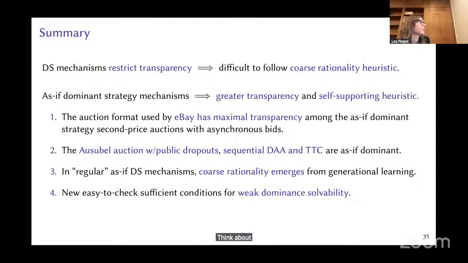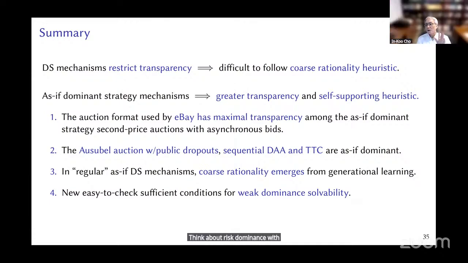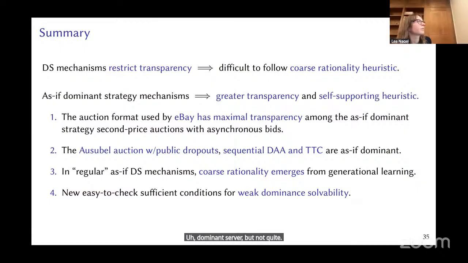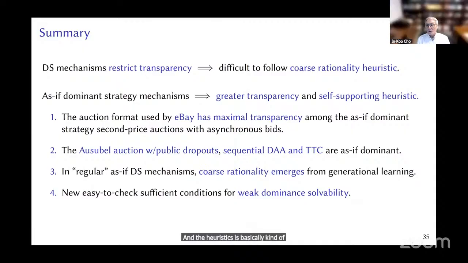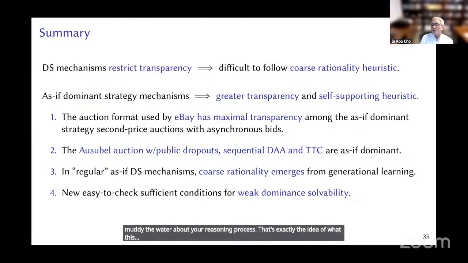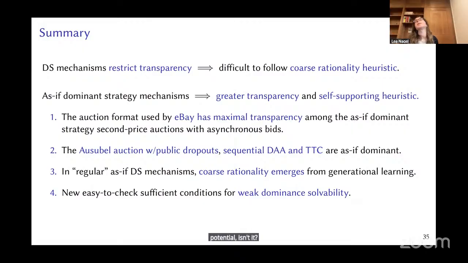Think about risk dominance with a very small p-value, which is very close to dominant solvable, but not quite. And the heuristic is basically to muddy the water of your reasoning process. That's exactly the idea of this p potential, isn't it? Yes. Yeah, so that's interesting.